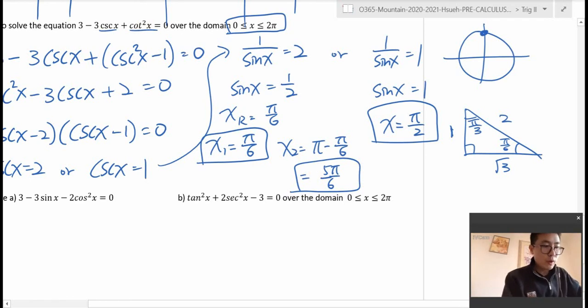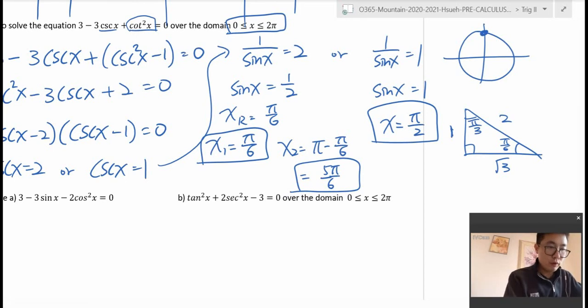For cotangent, we're looking at cosine over sine, so the restriction is that sine x cannot equal 0. You can also think of cotangent as cosine over sine, which means sine cannot equal 0. Cotangent is also related to tangent, which is sine over cosine, so the denominator cosine cannot equal 0.